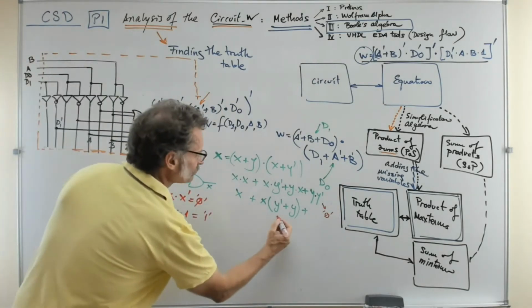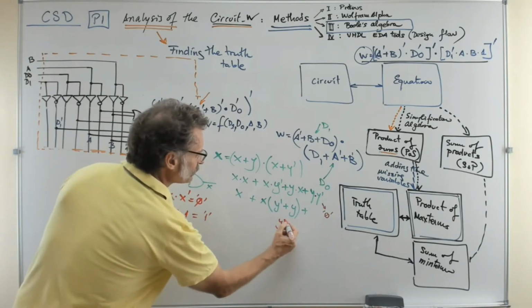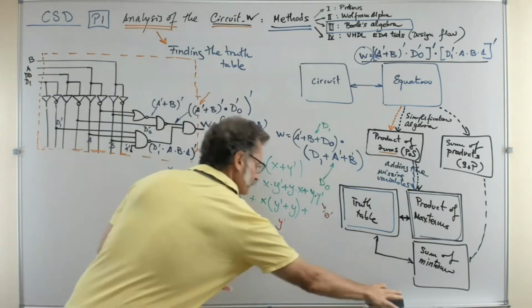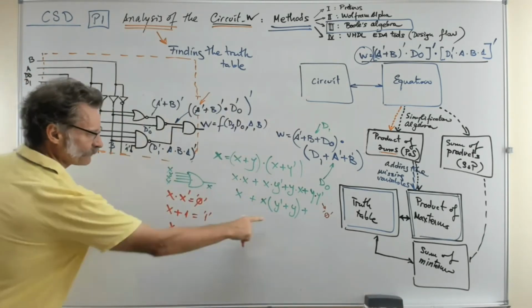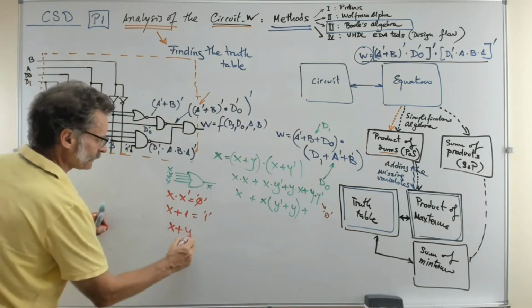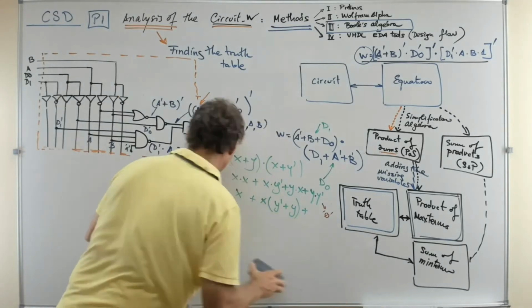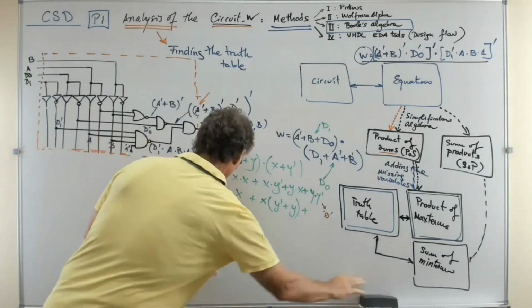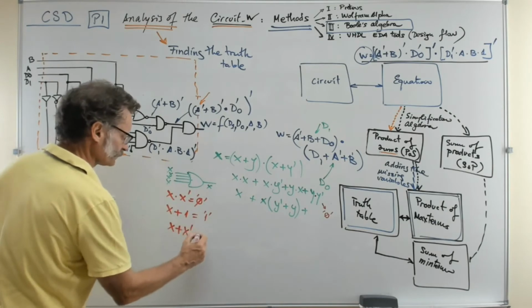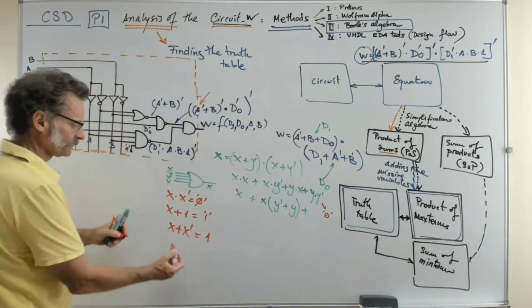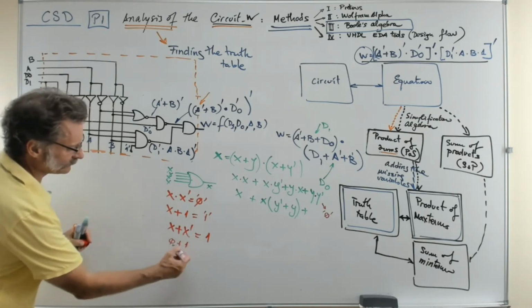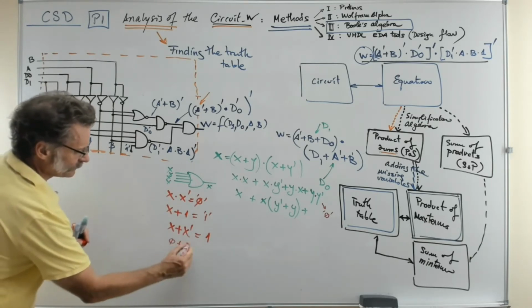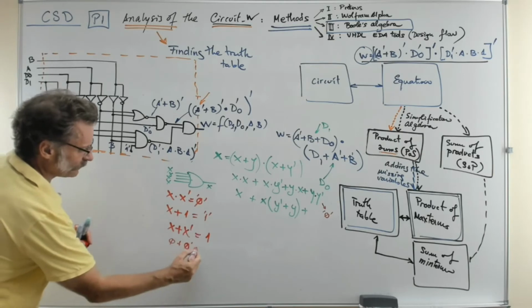If you have, let's do it aside, because what you've got here is x or x not. This is all the time 1. Try it. If x is 0, 0 not is 1, so it's always 1.